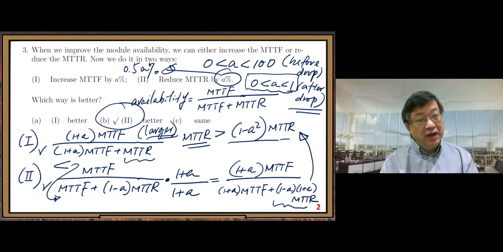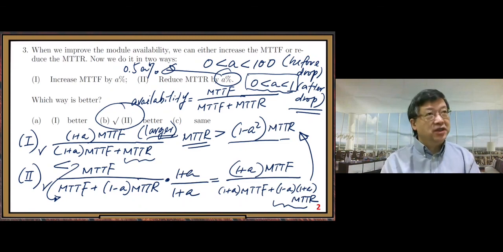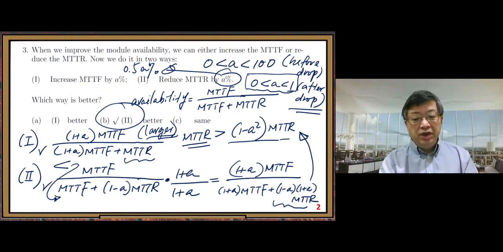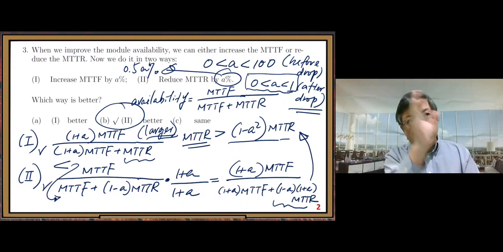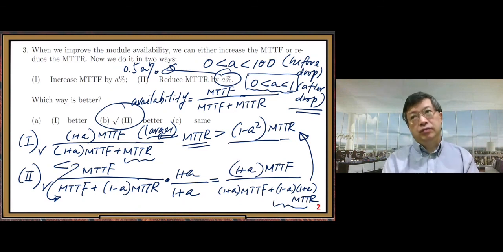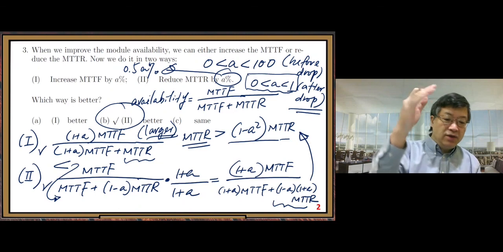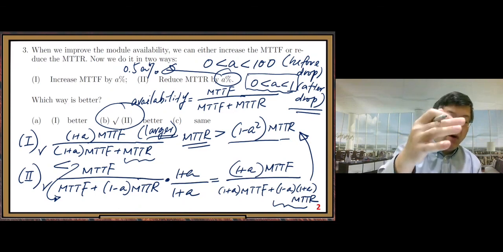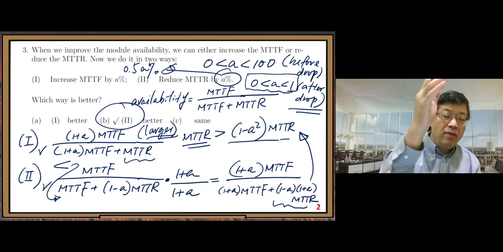Otherwise, you may get a ridiculous, impossible answer, like reduce MTTR by 120%. How can you reduce it by 120%? That is not reasonable. So just try to use a reasonable range in the question. All right, so that's our homework question number 8.